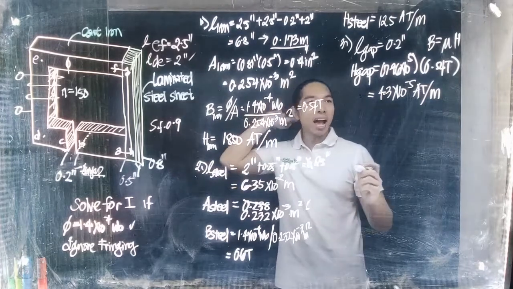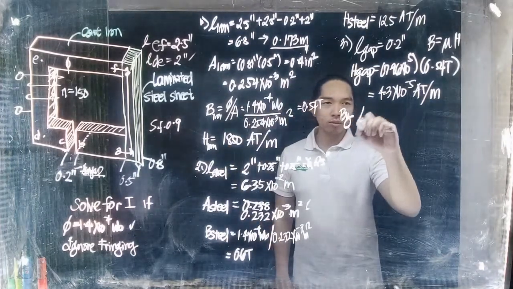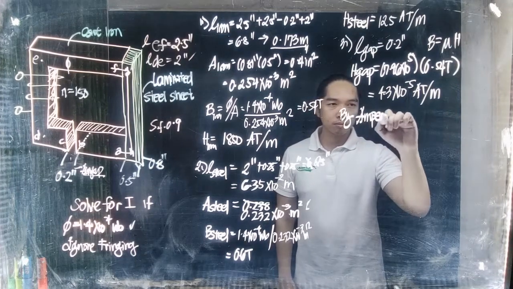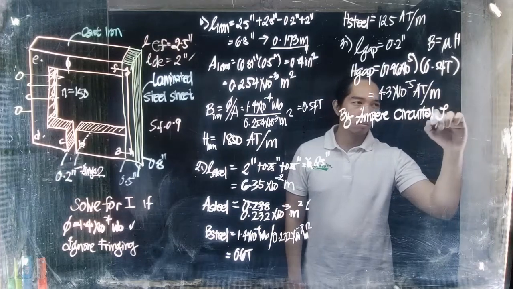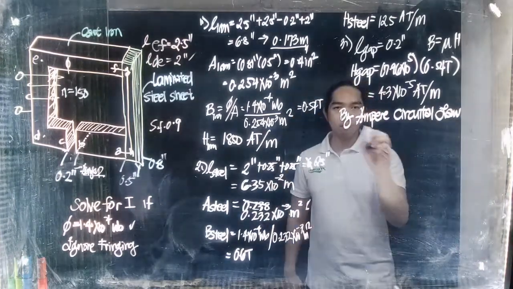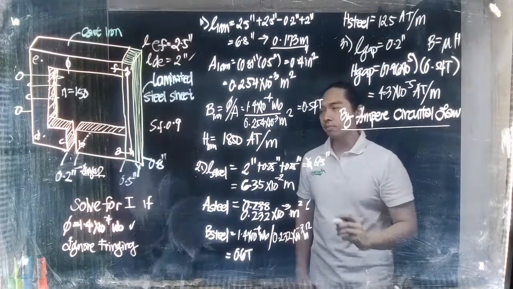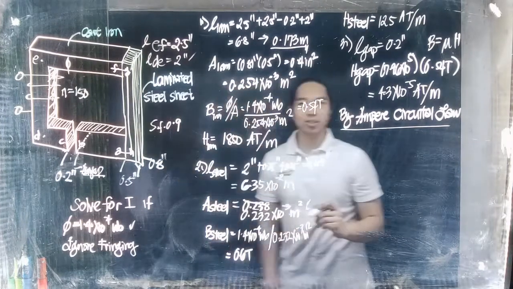Therefore, we can now apply Ampere's circuital law. So, by applying Ampere's circuital law, ganun lang din yan. So, alam natin na sa node na to, yung pinaka-main source natin.